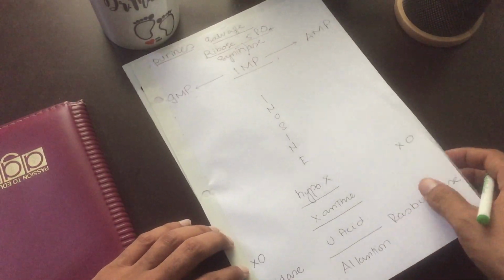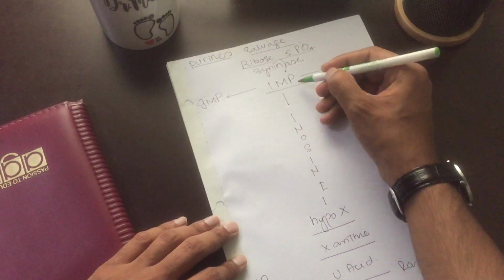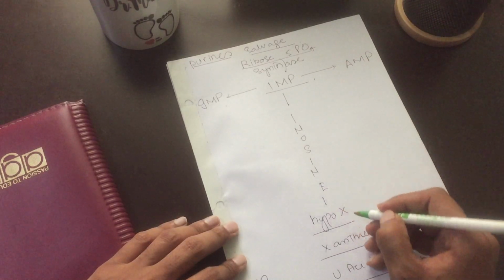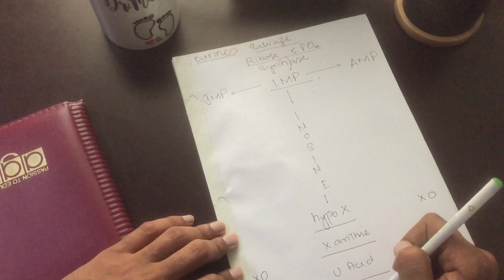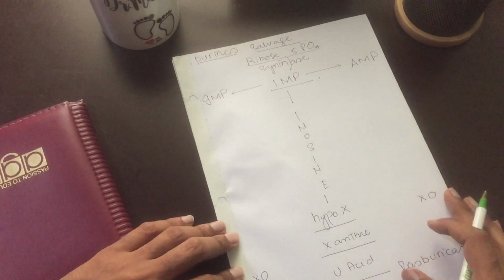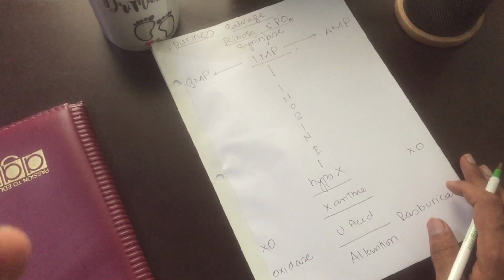This is the final product. So IMP is converted into inosine, hypoxanthine, xanthine, uric acid, and then allantoin. This is the general sketch of this conversion.